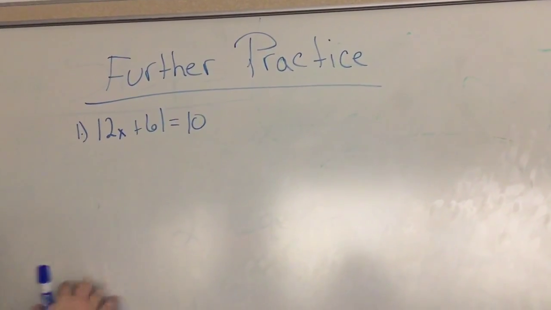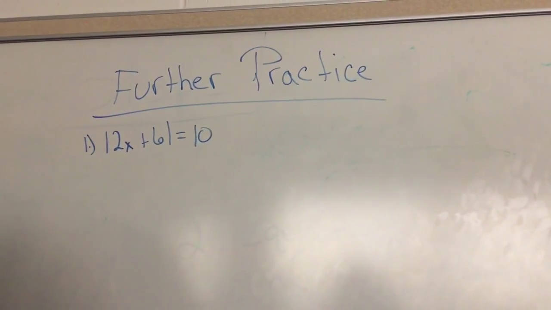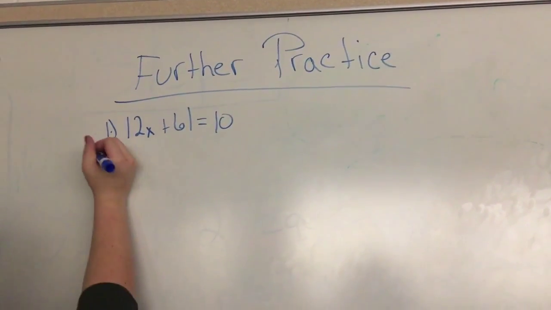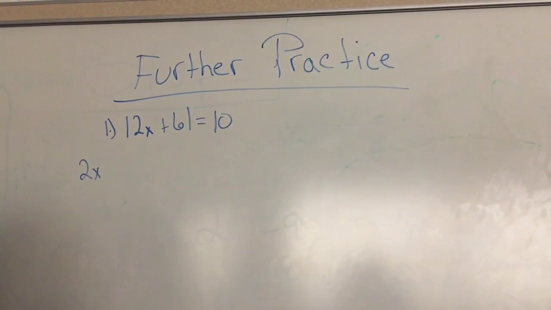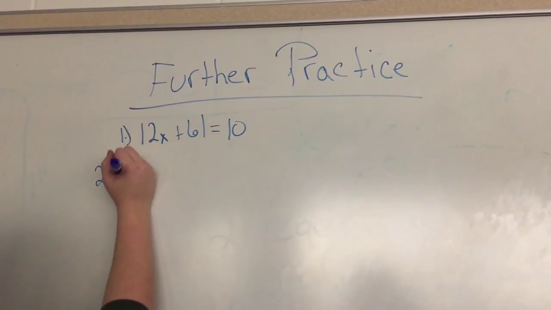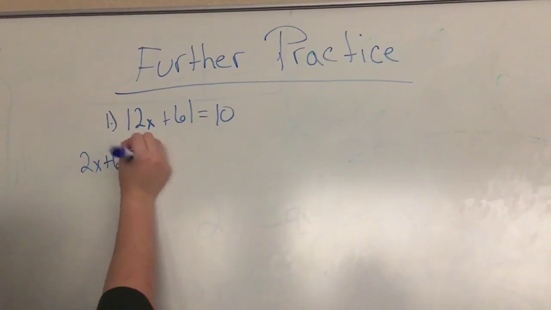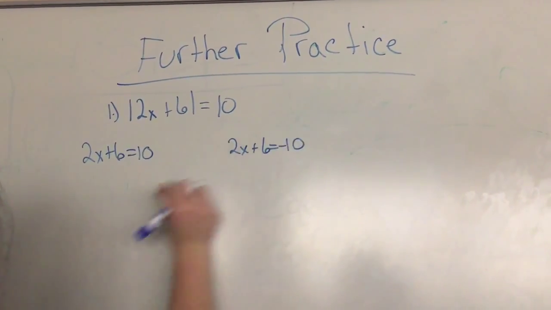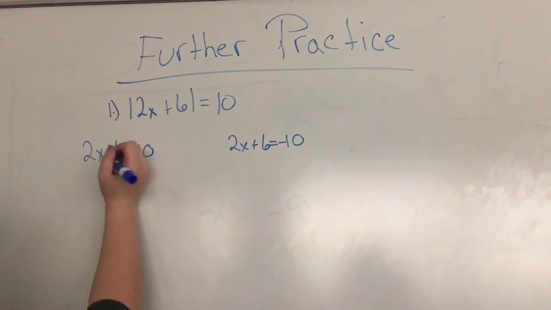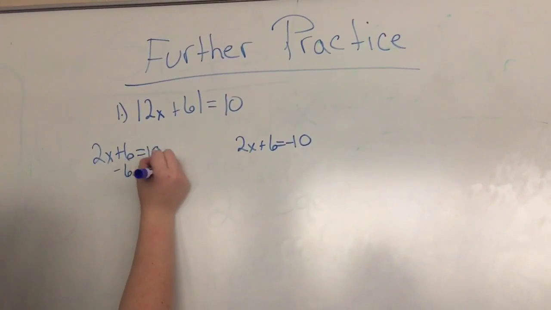Another example is the absolute value of 2x plus 6 is equal to 10. First, you'd separate the equation into two, one with a positive solution and the other with a negative. First, you have to isolate the variable, so you'll subtract 6 from each side.